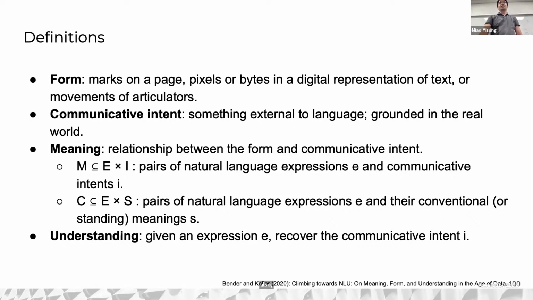If you want to understand meaning, you need to be able to map a natural language expression E to the communicative intent I. The second is the relation involving natural language expressions E and the so-called conventional or standing meanings S. It helps you find the correct communicative intent given some expressions. So what's important is to find out the communicative intent.